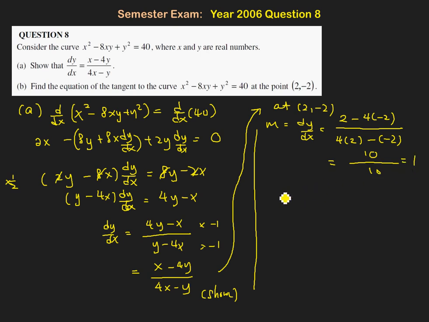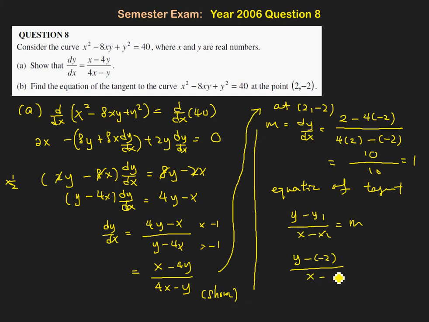And so the equation of the tangent is this one, y minus y1 equals m times x minus x1, and that is y minus -2 equals 1 times x minus 2. So we have y equals x minus 4 after you simplified it. Alright, now moving on to the next one.